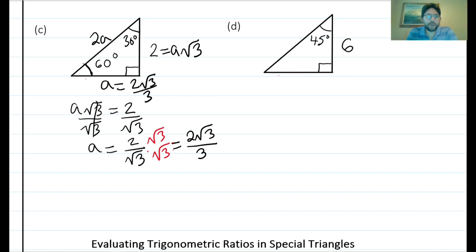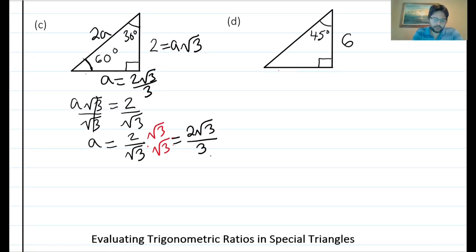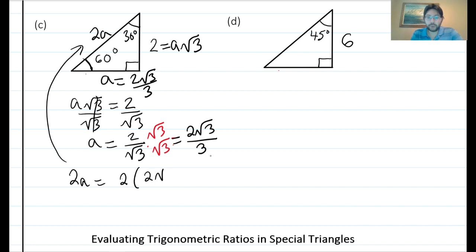And we also know the other side, right? The other side is 2 times that. So the 2A side, I'll just go ahead and point to it. So this is the 2A side, okay? So the 2A side is 2 times 2 square root of 3 over 3.